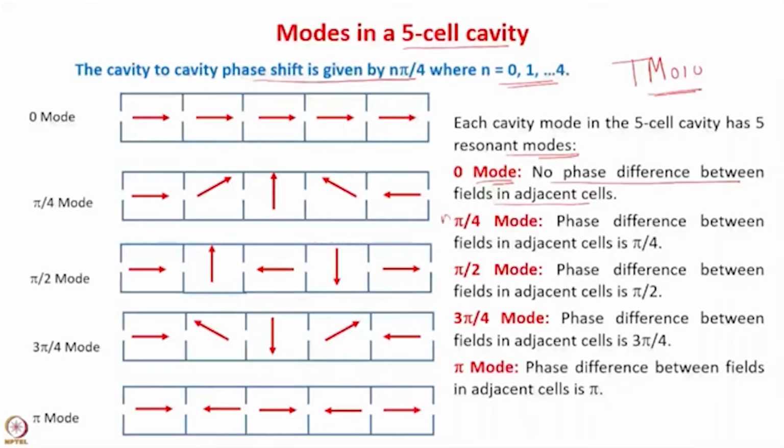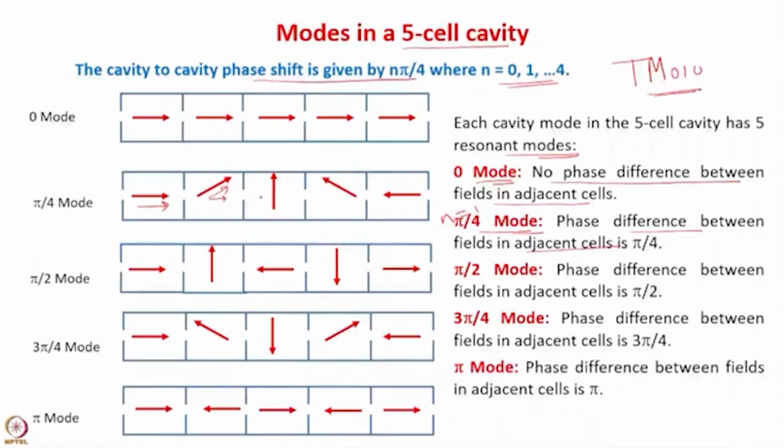For n equal to 1, we have the π/4 mode. So here the phase difference between the fields in the adjacent cells is π/4. In the first cell, the field is in the forward direction. In the next cell, there is a phase shift of π/4. As a result, the magnitude of the field in the z direction is reduced.